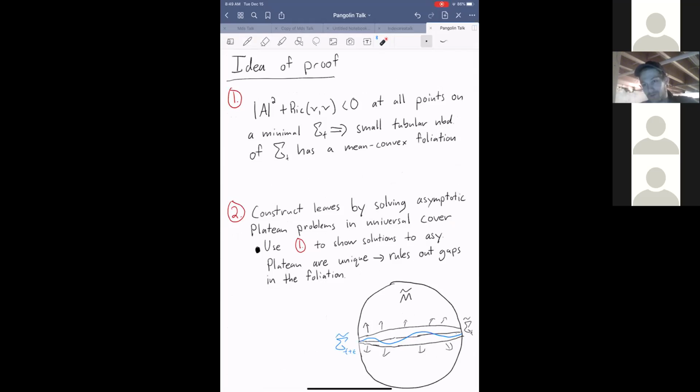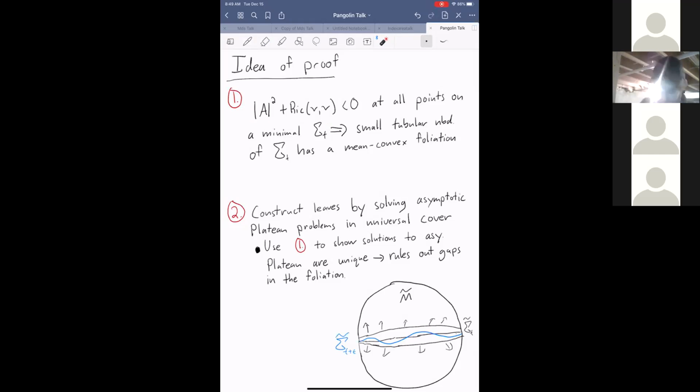If you flow outward and look at the parallel distance-s surfaces to it, then this term being less than 0 will tell you, since we're in negative curvature and so forth, that your small tubular neighborhoods are going to be mean convex.